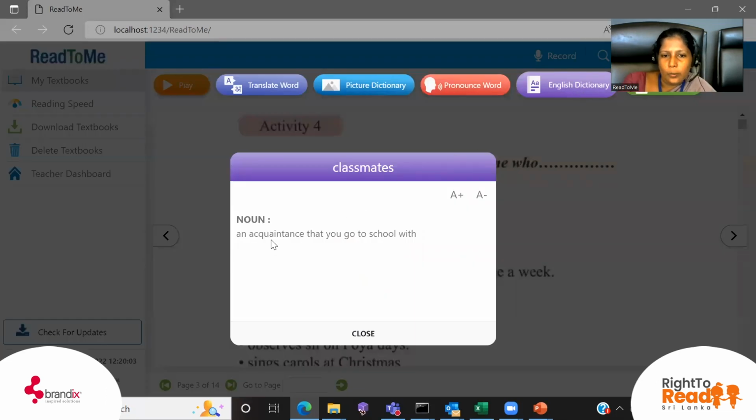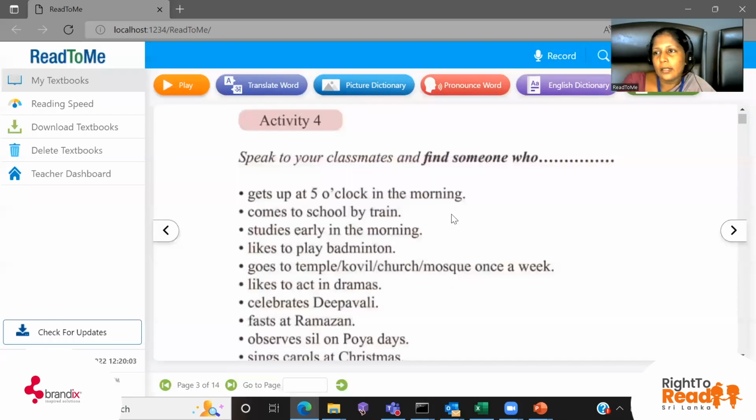Yes, it's a noun, an acquaintance that you go to school with. Classmates means your class friends, school friends. Those are classmates. And find someone who, you have to find a partner who is doing what?